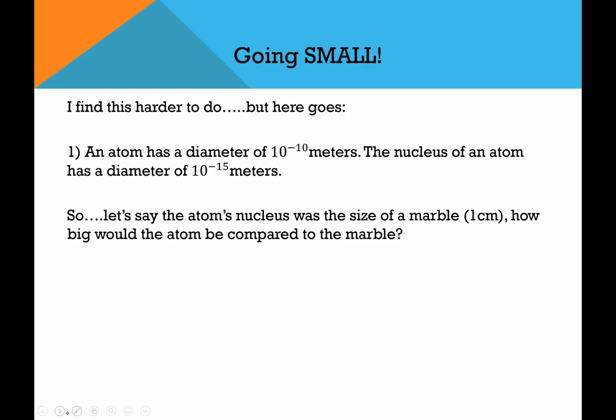Well, first of all, we have to decide how much bigger the diameter of the atom is compared to the nucleus. So this number is bigger, right? If we think of 10 to the negative 10 power, I'm going to do that on my calculator real quick.